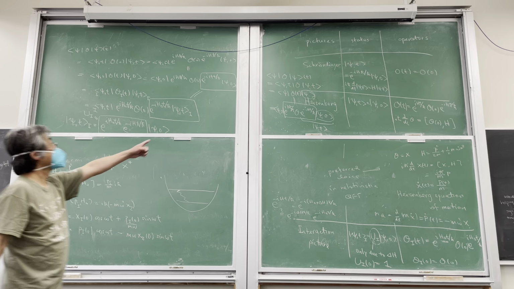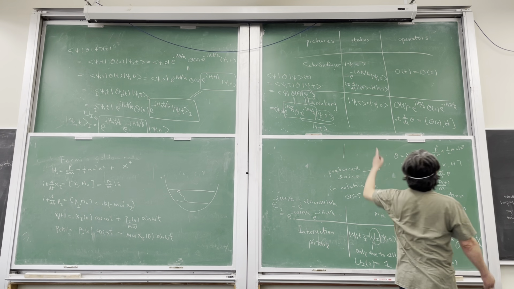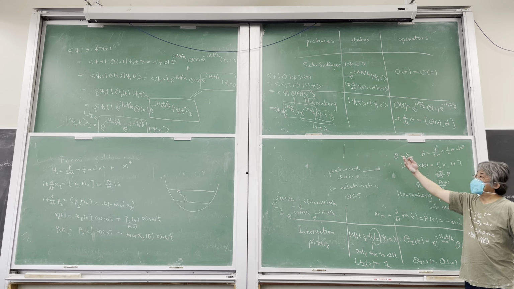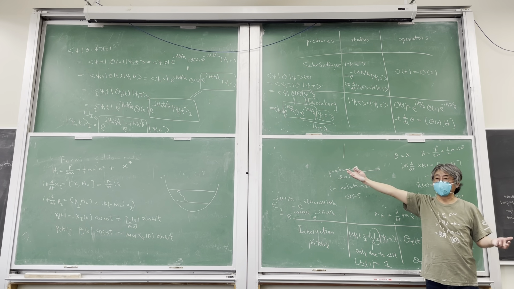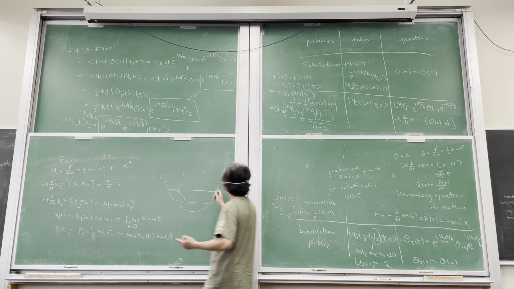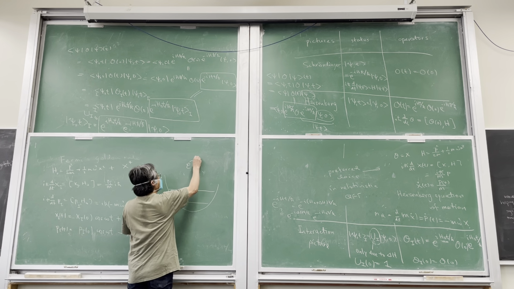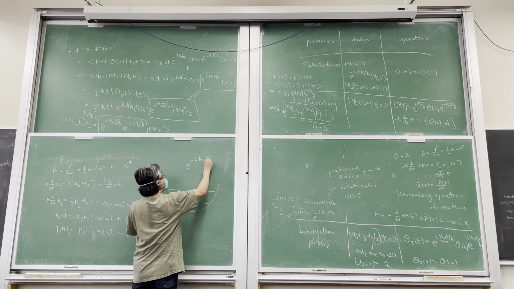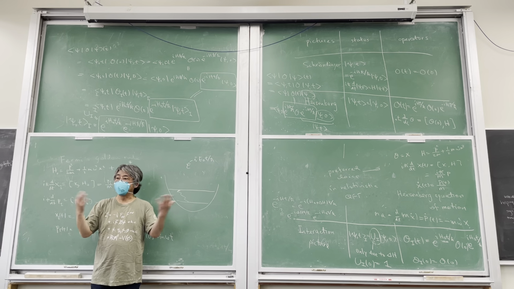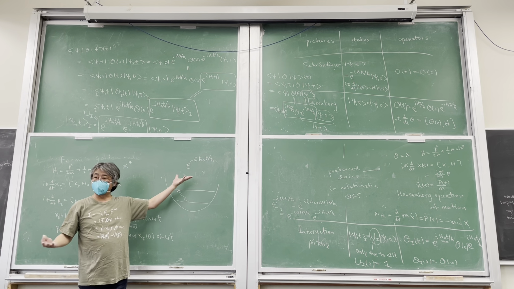If you look at the Schrödinger picture, then the states evolve according to the full Hamiltonian. But what the H naught piece of the Hamiltonian does is just give you a phase according to the energy eigenvalue of the unperturbed Hamiltonian. And this phase, in some sense, is not very interesting because you have solved the problem already.